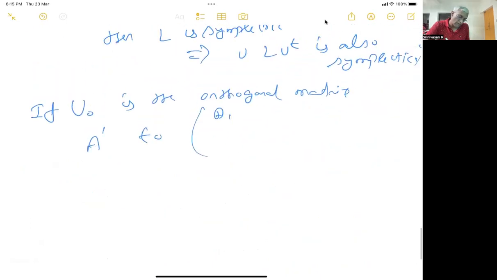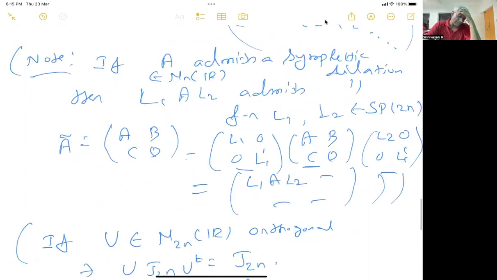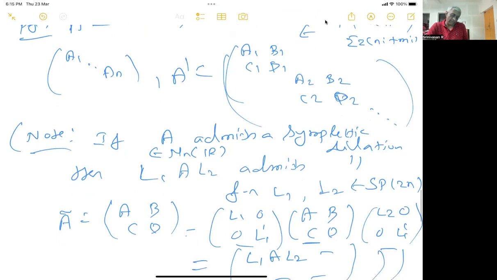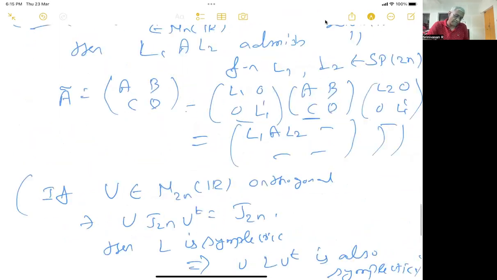What will we get? We will get B2, B1 or something. If you interchange A2 to the top, then we will have B1 only there, and then we'll bring the A2 here, and C1 will remain, right?